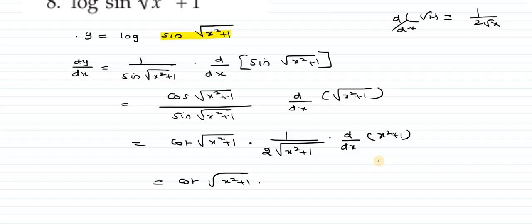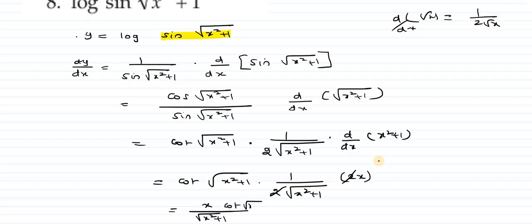So cot under root x square plus 1 divided by, okay, this one. Here differentiation of x square is 2x and this one is 0. So this cancels. x upon under root x square plus 1 into cot of under root x square plus 1. Clear all of you? Till here any doubt you can tell me.